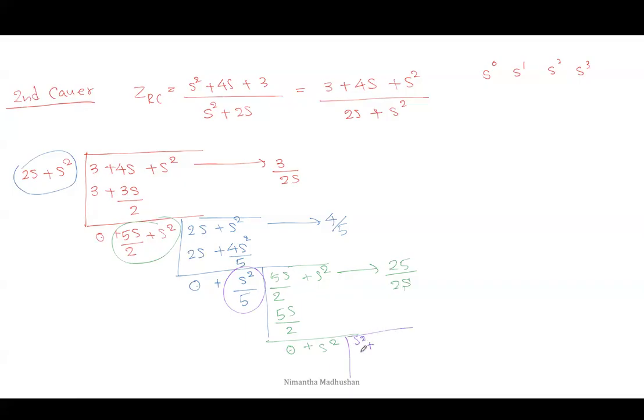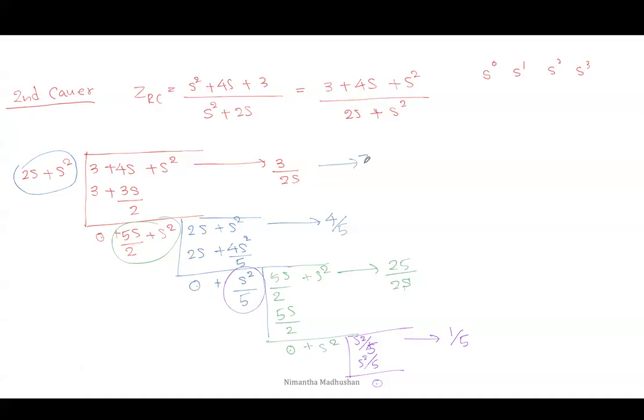The answer is 1 over 5, s squared over 5. Final answer is 0. For this one also, we consider the impedance one.